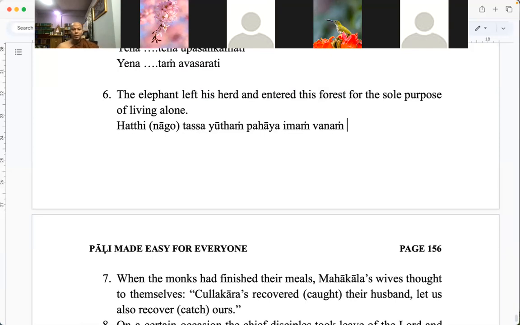"Entered" is also Bawiseti as a present tense. Bawiseti: the prefix is ba, the root is with, the sign is up, and the D. So Bawiseti means entered.